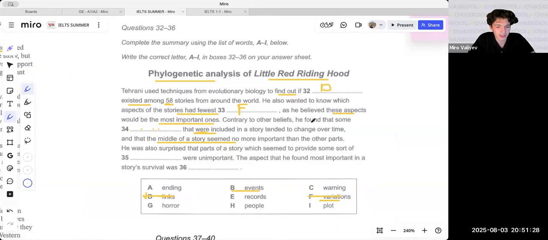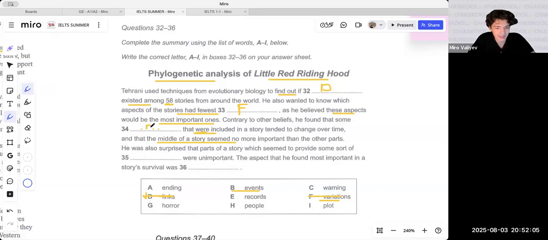Contrary to other beliefs, Tehrani found that some episodes, some events or some incidents, which are also events, included in a story tended to change over time, and that the middle of the story seemed no more important than other parts. So the central part is not that important.